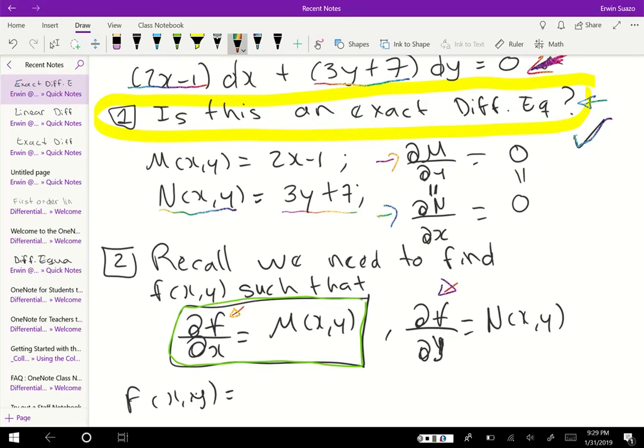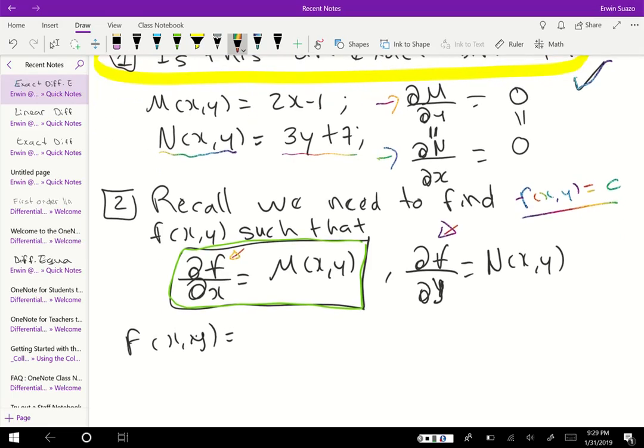We are looking for a function f of xy equals c, such that when we find the differential of this equation, it is exactly the equation we are looking for.